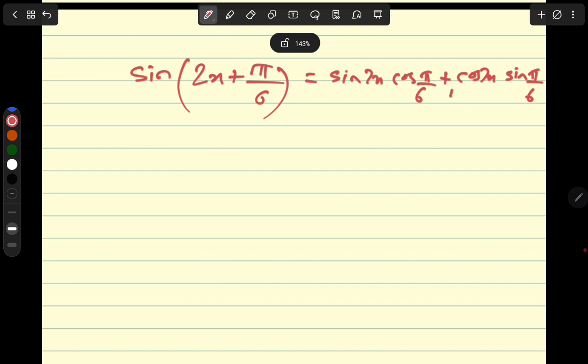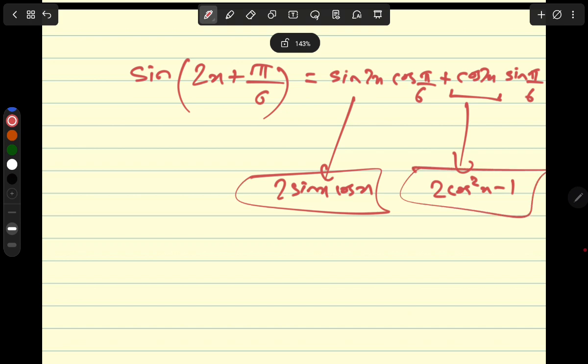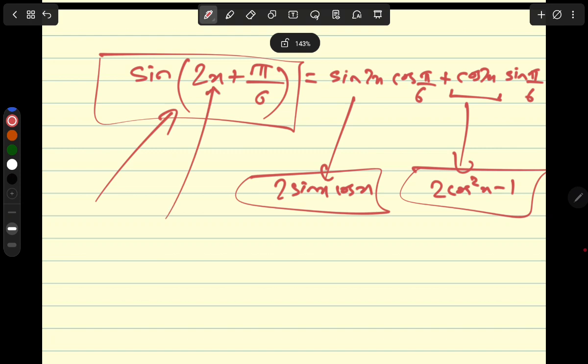Then you expand cos 2x further into 2 cos square x minus 1 and sine 2x into 2 sine x cos x, right? And we are going to do all the intuition in the A2 as well of why these identities and compound angle formulas exist. However, right now you just have to use your graph intuition and the quadrants knowledge to solve these by adjusting the domains and then finding all the angles and then doing the algebra in order to find the desired values or value of x.